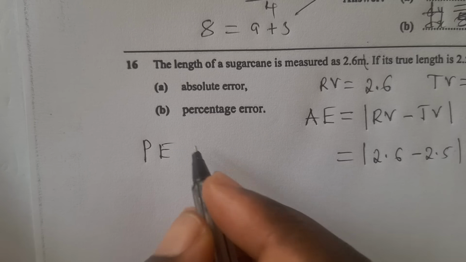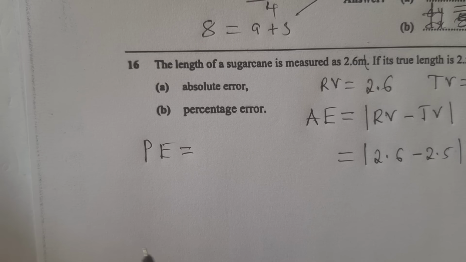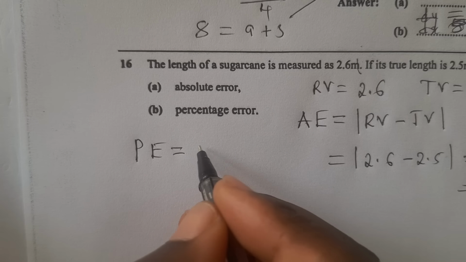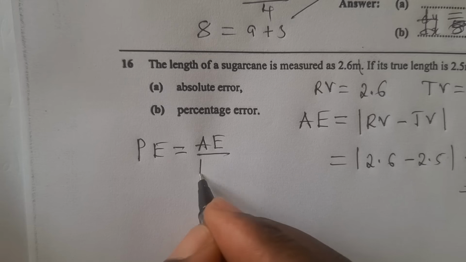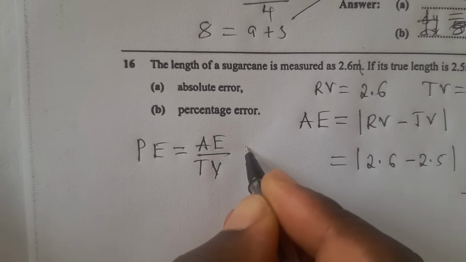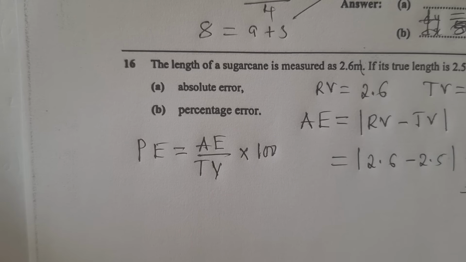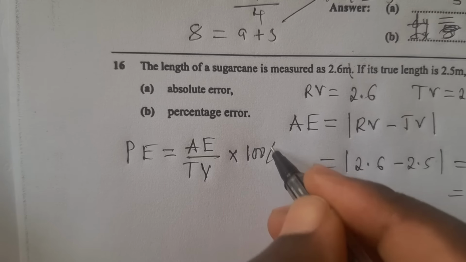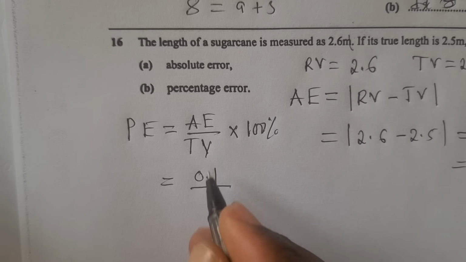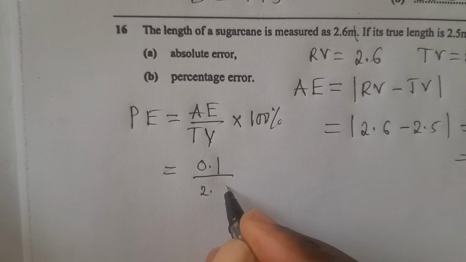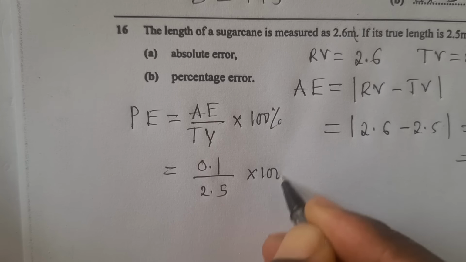Percentage error will simply be equal to absolute error over true value times 100 percent. So here it's 0.1 over the true value, 2.5, times 100.